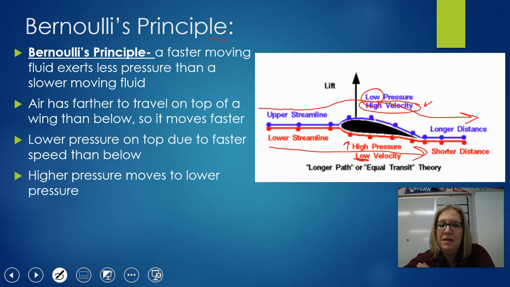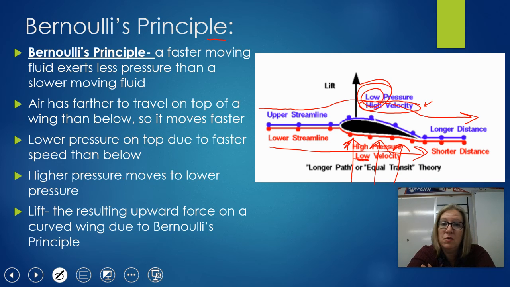With a wing, the slower air on the bottom with the higher pressure is actually going to start pushing up, trying to get to this lower pressure environment, and that's known as lift, okay? So the wings of airplanes are shaped like this to help keep them in the air. It's not what gets them up there. Engines and thrust and all this other crazy stuff get them up there. But the shape of the wing helps to keep the airplanes in the air.